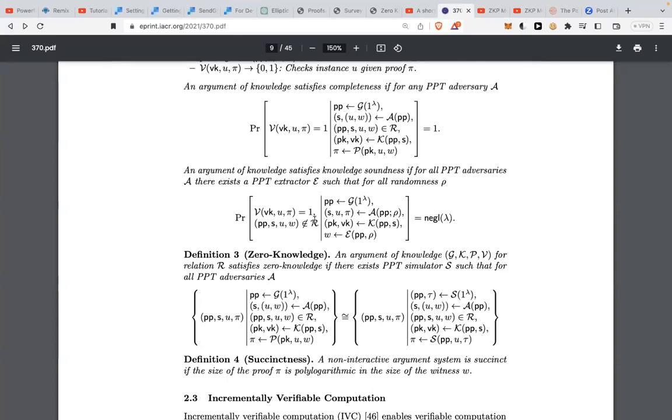So this relation is the valid relation of a statement and witness, and the malicious prover just concocts some other witness or statement, and that should be negligible. Yeah, it's saying that any witness extracted successfully from the extractor should be valid.